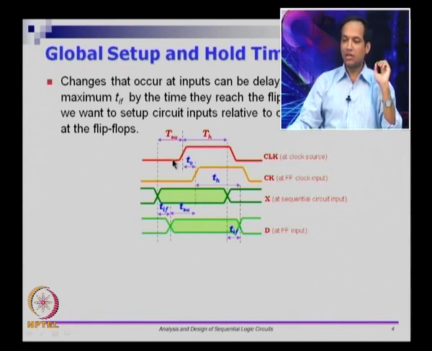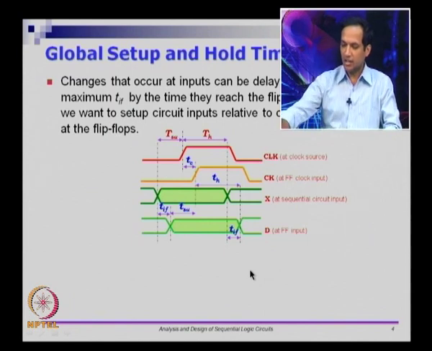So, what we are looking for is the mathematical relationship between capital T SU and the parameters here, and capital T H and the parameters here. Can we derive TSU and TH in terms of various circuit parameters? This is what we are going to do in the class today.